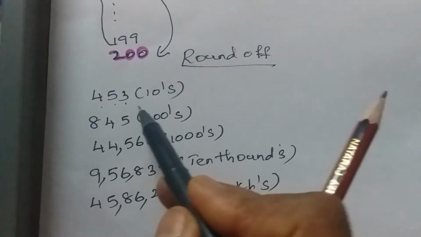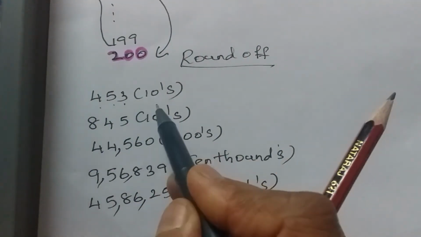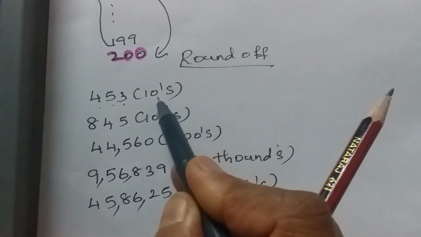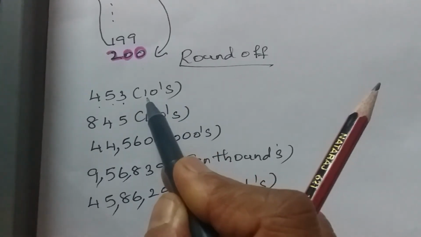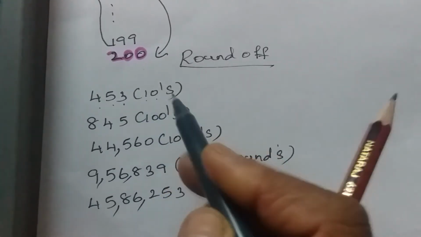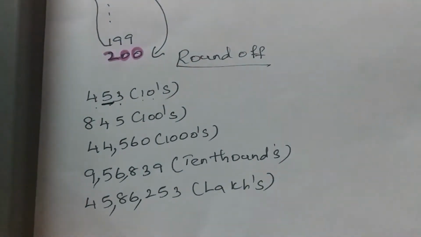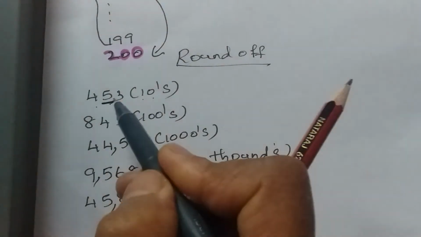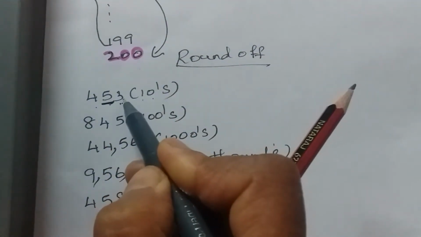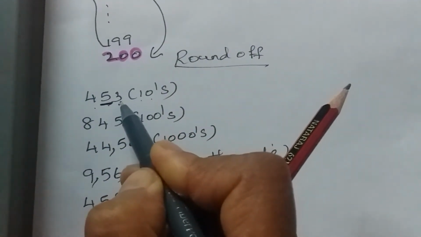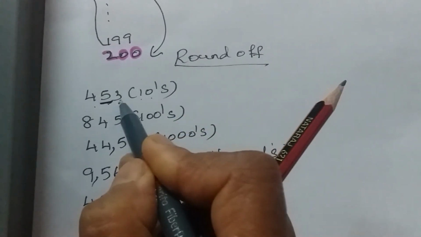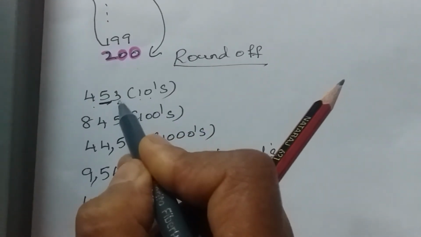Okay. So here, 453 to the nearest tens. What do you mean by nearest tens? We have to estimate to the tens place. So first, underline the tens place and look at the next number. Check whether it is more than 5 or less than 5. What is this 3? It is less than 5.